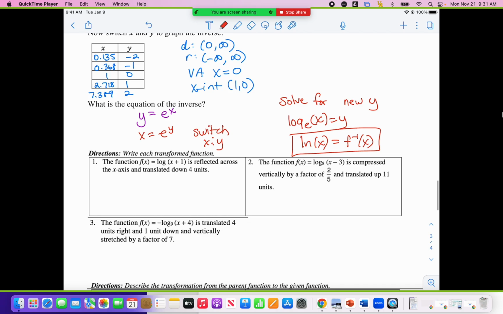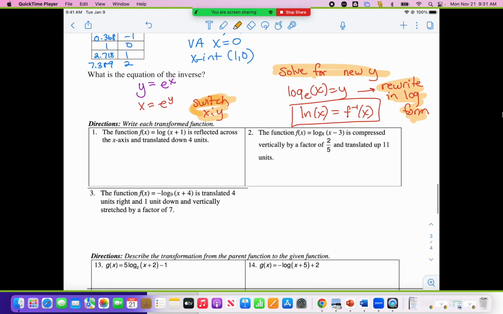I want you to notice I'm starting to do this, so you should be able to look back through the notes to say, okay, what did we do? One other thing is you can rewrite in log form. I'm trying to do this because eventually I'm going to start asking you to explain what you're doing. We'll see if that helps.